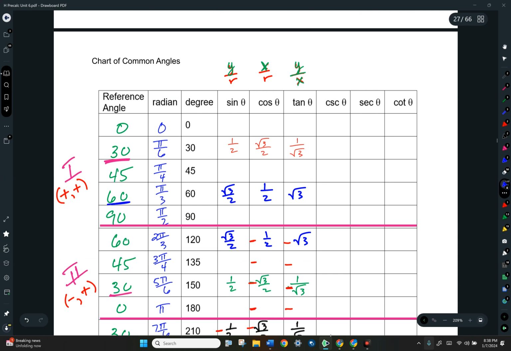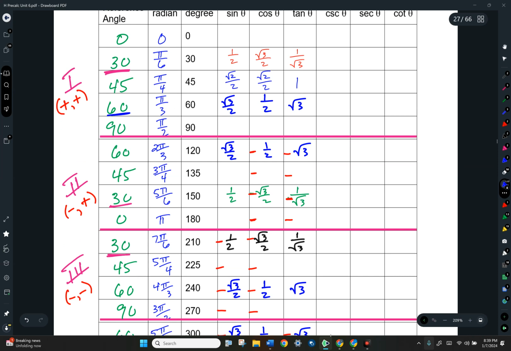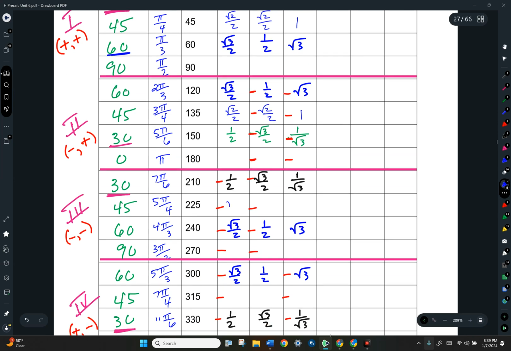So the 45, square root of 2 over 2, and both the sine and cosine were the same, and then the tangent was 1. So all of the 45-degree reference angles are going to have those same values, right?